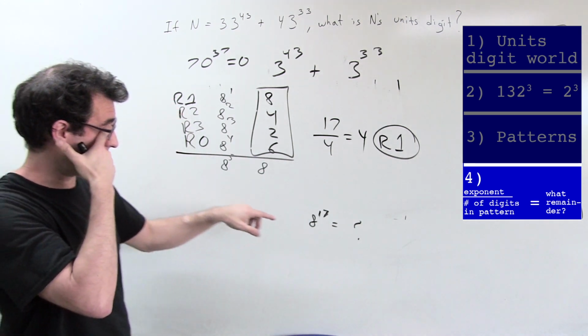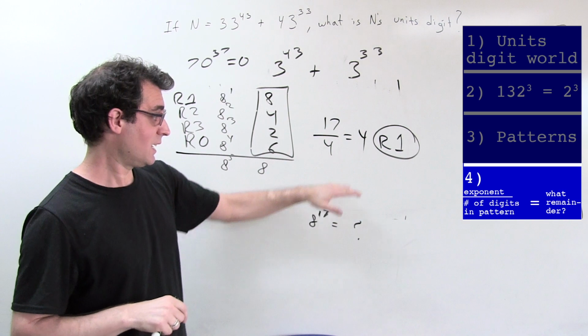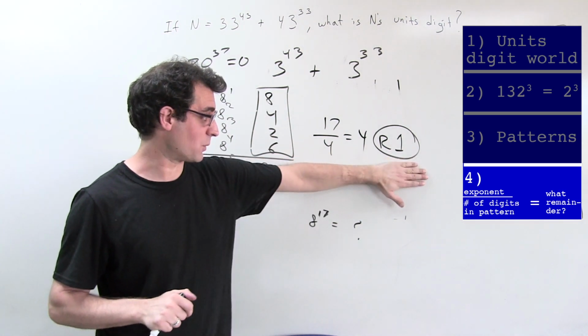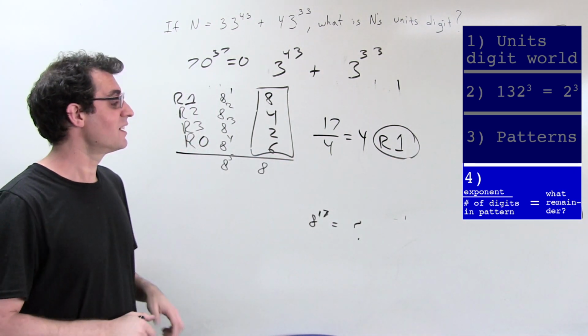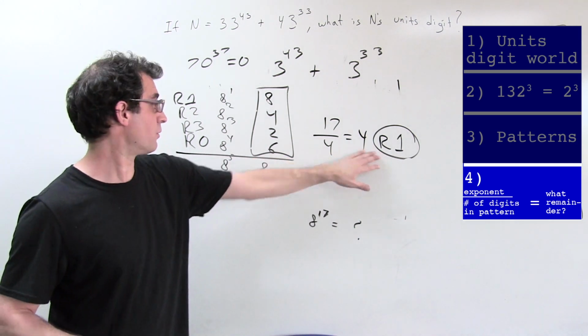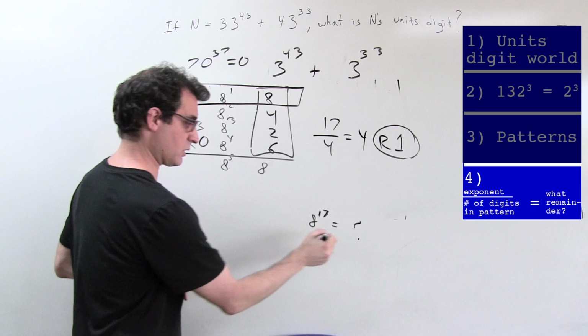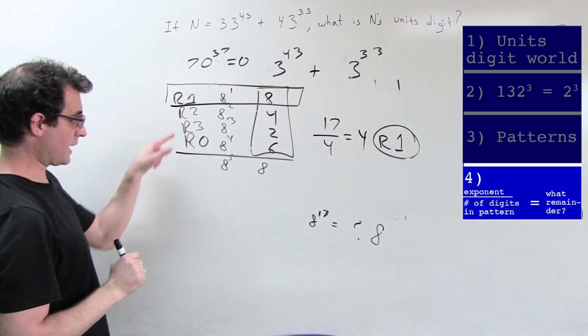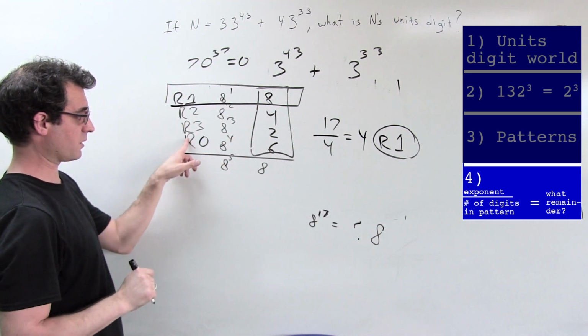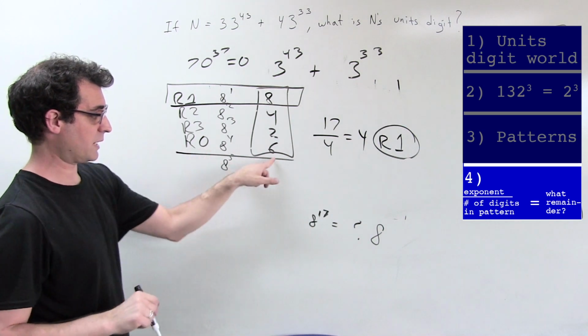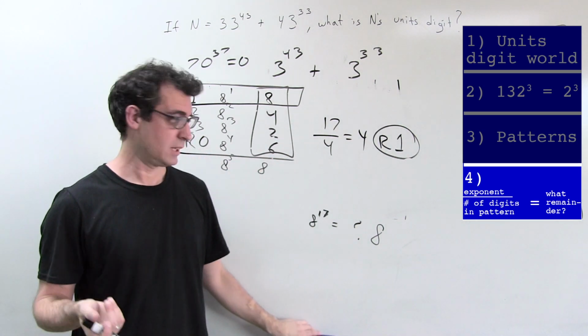So 8 to the 17 is 4, remainder 1. Therefore, 8 is our units digit. If we had a remainder of 2, 4 would be. If we had a remainder of 3, 2 would be. If we had a remainder of 0, 6 would be.